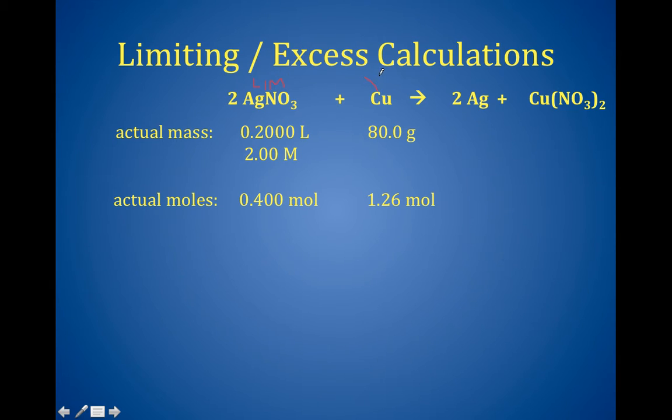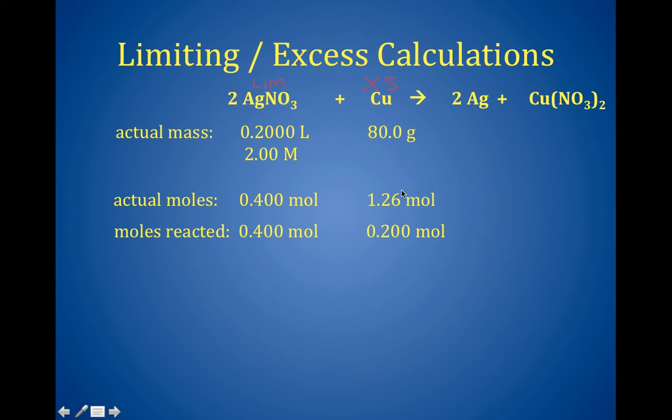And I know I'm going to have some leftover copper. So once I declare that, then I know all of the silver nitrate is going to be gone. I use my mole ratio. I multiply by 1 over 2. So there's a 1, 2. And I get 0.200 moles.